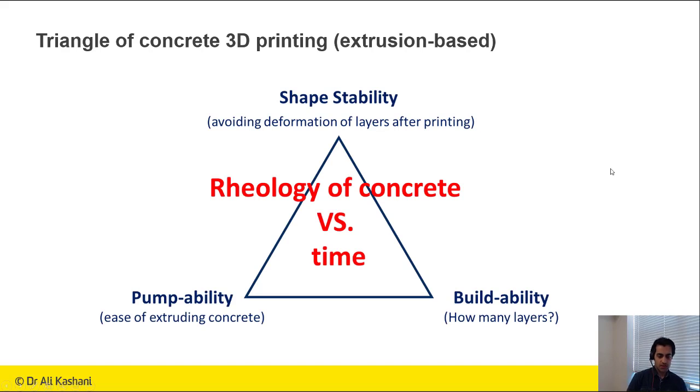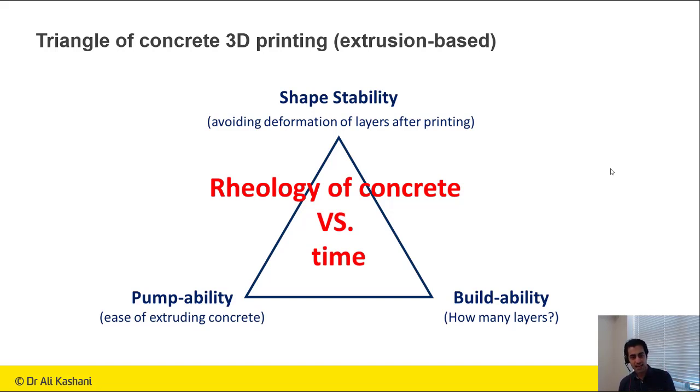The first thing I want to cover is the effect of rheology in concrete 3D printing. What I would call the triangle of concrete 3D printing, specifically for extrusion-based concrete. There are other methods of construction 3D printing as well.